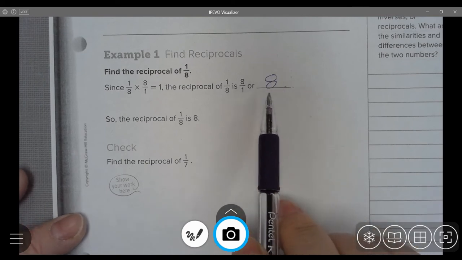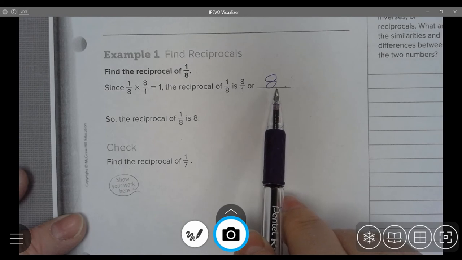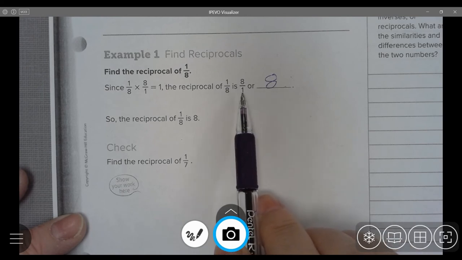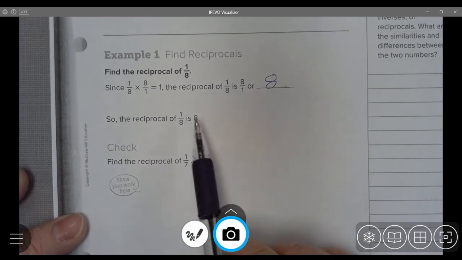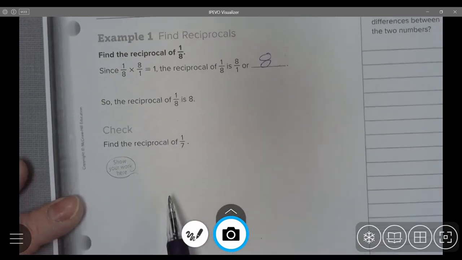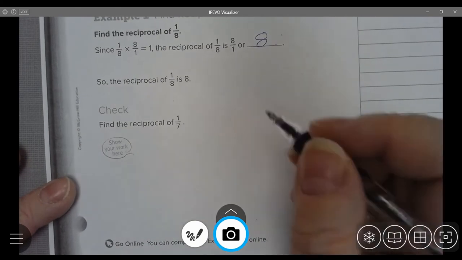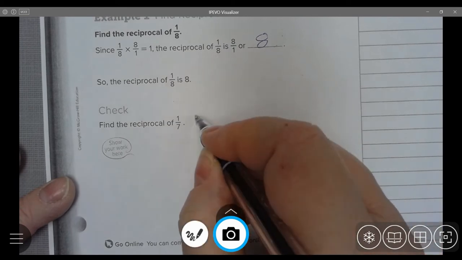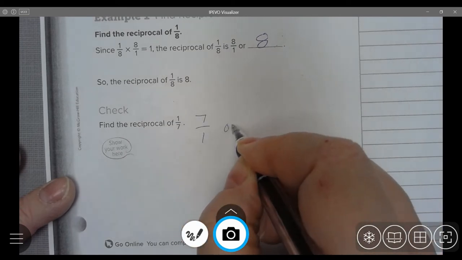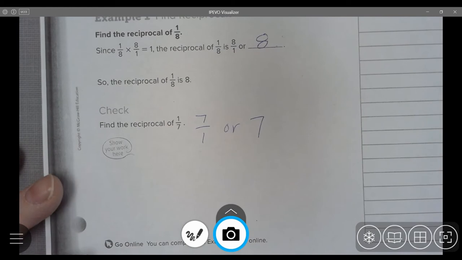Or if you have a whole number that you need to make into a fraction, you can put that whole number over 1 to create your fraction. So the reciprocal of 1/8 is 8. What's the reciprocal of 1/7? The reciprocal, remember, we would take and we would flip it. It would become 7/1 or 7.